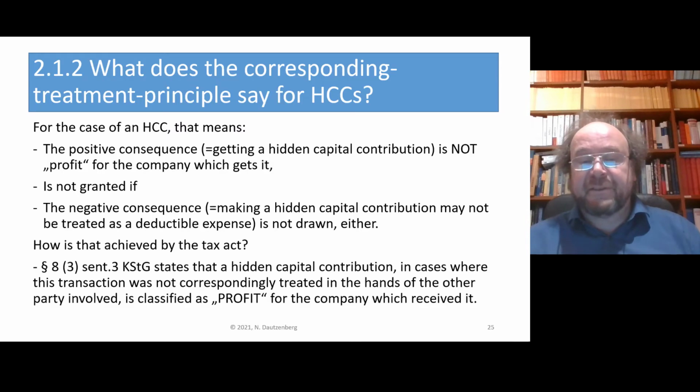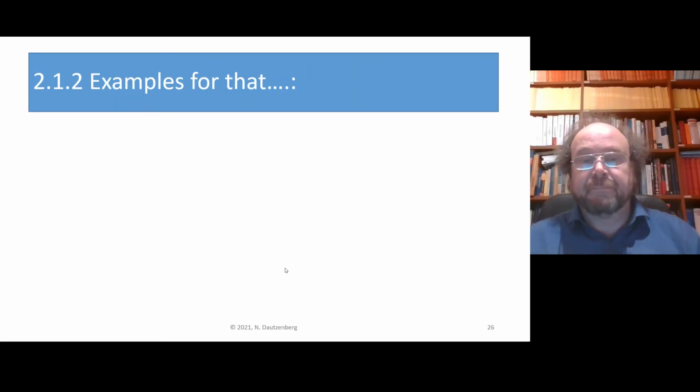The Tax Act just does this by inserting a rule in A3, sentence 3, which says a hidden capital contribution is reclassified into profit if the person who gave it got away with deducting that as expense, and that can no longer be changed on the level of that person.